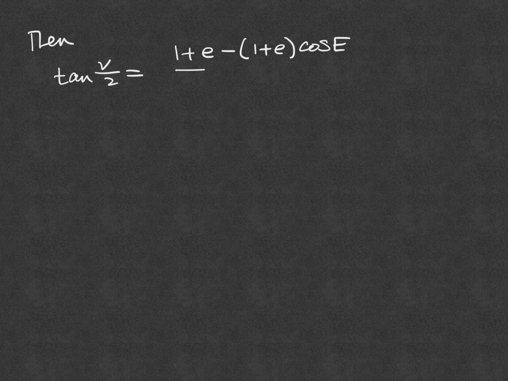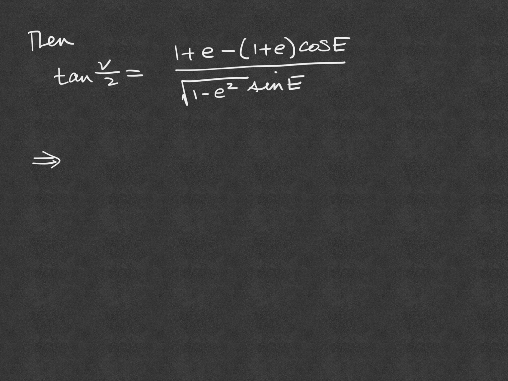So then, the tangent of nu over 2 is equal to 1 plus e minus 1 plus e cosine of E, all divided by the square root of 1 minus e squared times the sine of E, from which I can factor out of the numerator a 1 plus e.